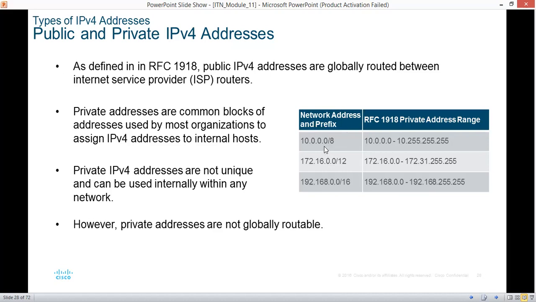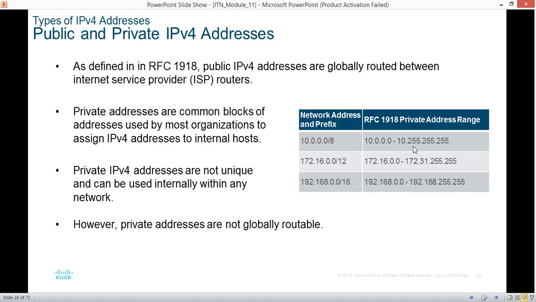From 10.0.0.0 to 10.255.255.255 is a private class A. And from 172.16.0.0 to 172.31.255.255 is a private class B. And then for 192.168.0.0 to 192.168.255.255, remember when you look at the range, you discover that the first two octets are the same, but in the last two octets there's an increase from 0 to 255.